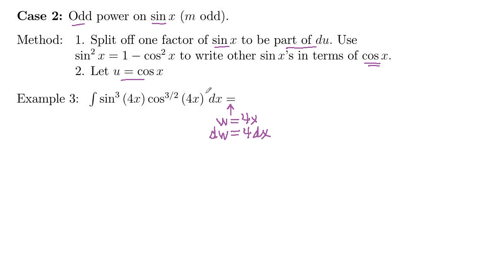And so I'm going to multiply by 4 right here, and then 1/4 on the outside to compensate. So right here is my dw. And so this will now be 1/4 integral sine cubed, and then 4x is w, and then cosine 3/2 w, and then 4 dx, that's my dw.